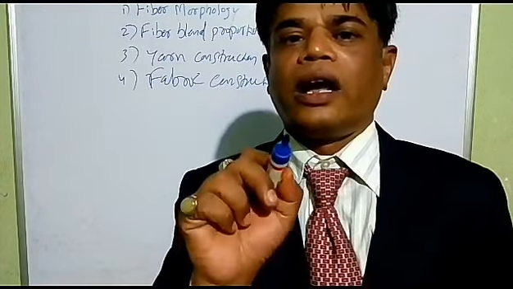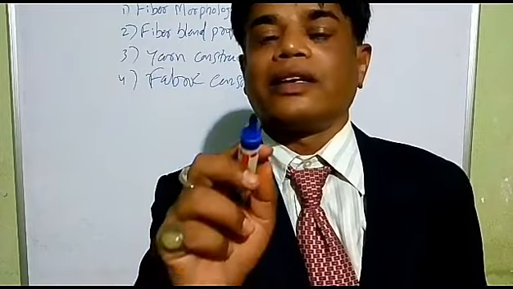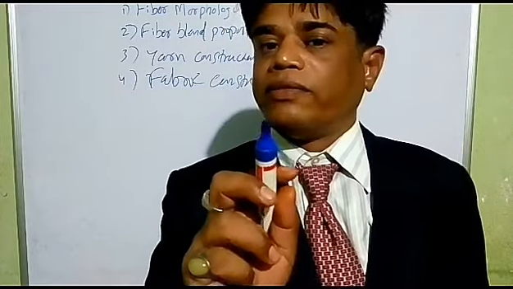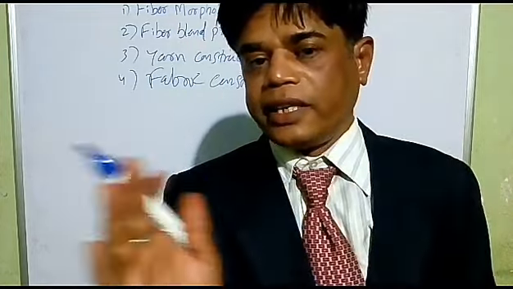Whether the construction is plain view, twill view, satin view, or herringbone view, whatever the geometry of the fabric, there are definitely interstices available. The percentage of air permeable through the fabric depends upon the construction of the fabric, the geometry, and the tightness, close construction or loose construction of the fabric.